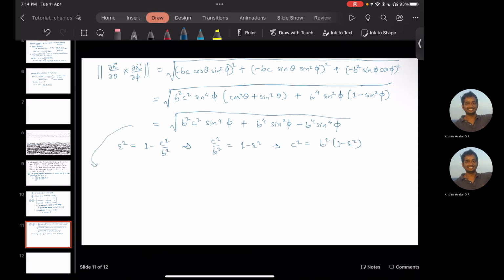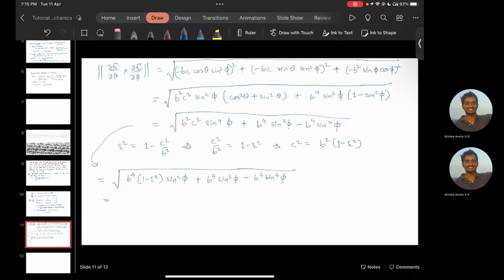So let's substitute the expression for c in terms of b squared. We'll have b to the power 4 into 1 minus epsilon squared into sine to the power 4 phi plus b to the power 4 sine square phi minus b to the power 4 sine to the power 4 phi.